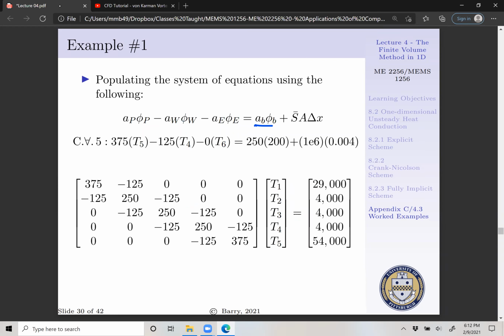Sorry, A east was 0. Now, at our boundary, we have a temperature of 200. And we also have a boundary coefficient AB of 250, twice that of A west. So what we'd have is 2 times 25 is 50,000 hanging out from our boundary term, and then another 4,000 hanging out from our source term.